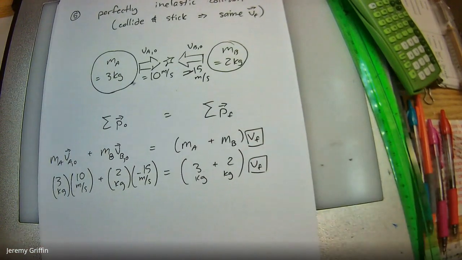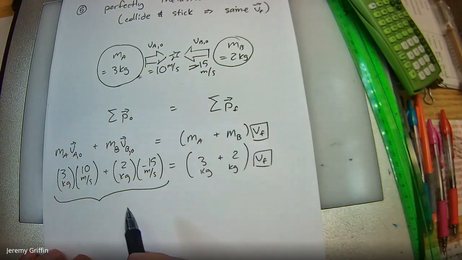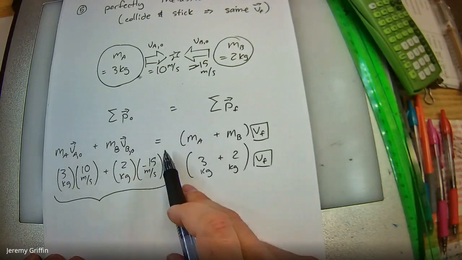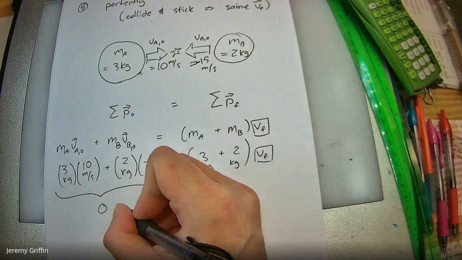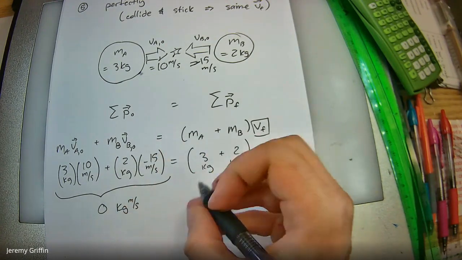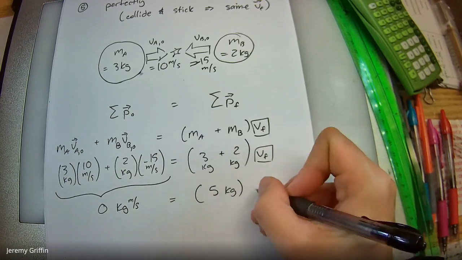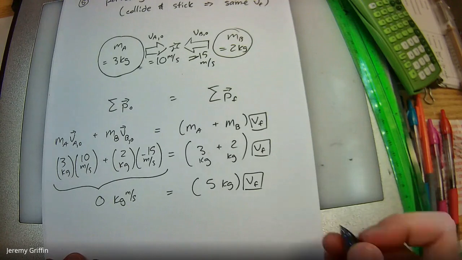Now, since it's the same numbers that I had before, you might remember where this is going. What is 30 units of momentum minus 30 units of momentum? Just 0 units of momentum. Not universally true, just true for this problem. So how fast is the 5 kilogram blob of clay going to be moving?